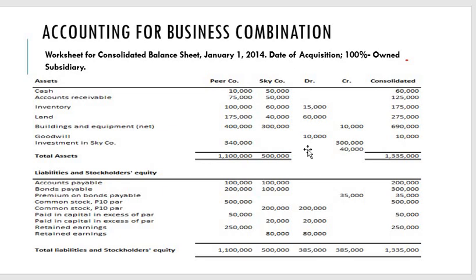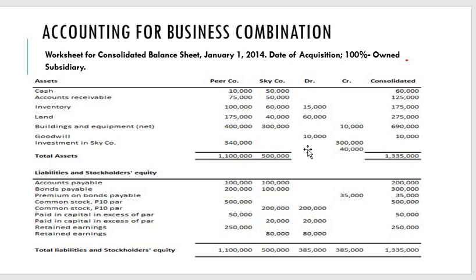So therefore, if we prepare consolidated financial statements, it should be at fair value. It should be at fair value. That's why every time we prepare consolidated financial statements, we recognize the undervaluation and overvaluation of the assets and liabilities. Okay? So that upon consolidation, the accounts of the acquiree are at fair value.